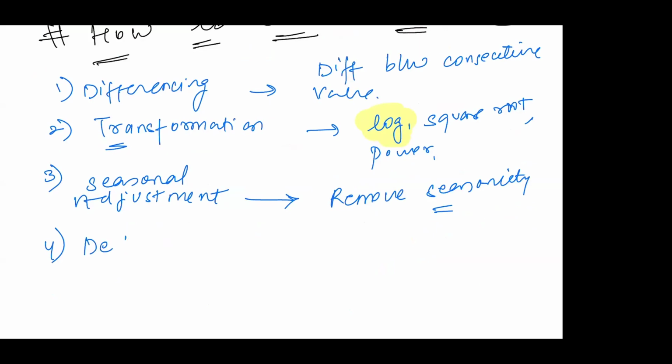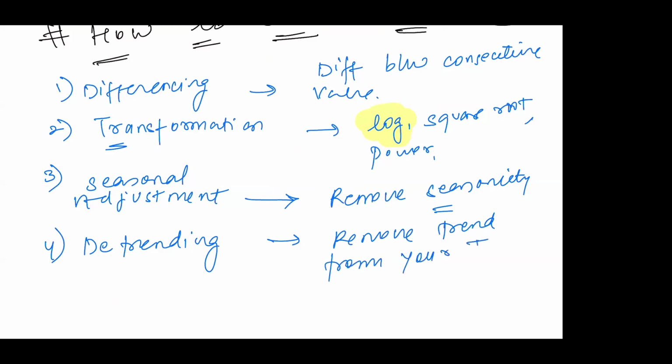Similarly, detrending. Detrending basically means that your time series has a trend, and if you remove the trend from your time series, then your non-stationary data will become stationary. So these are four powerful techniques that most practitioners use to convert non-stationary data into stationary data.